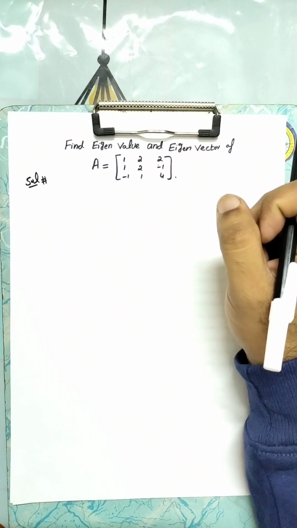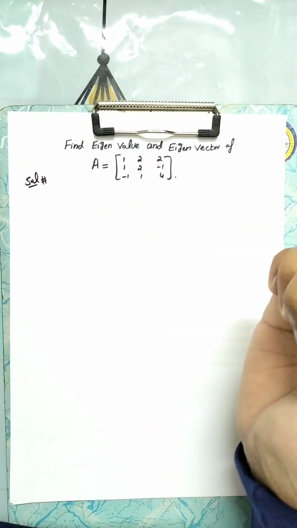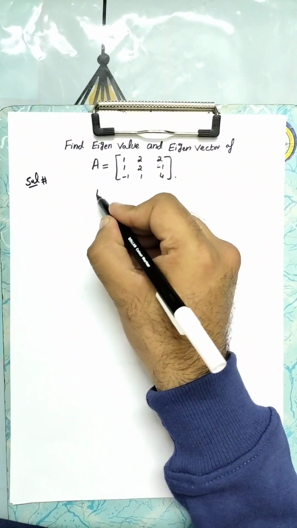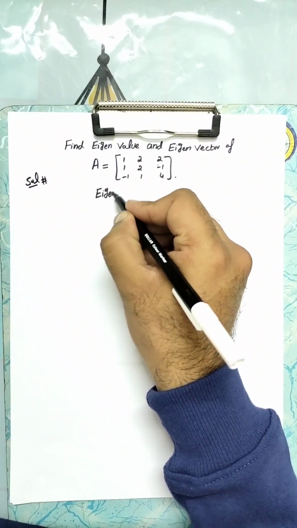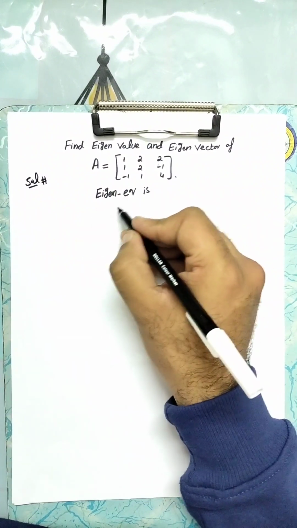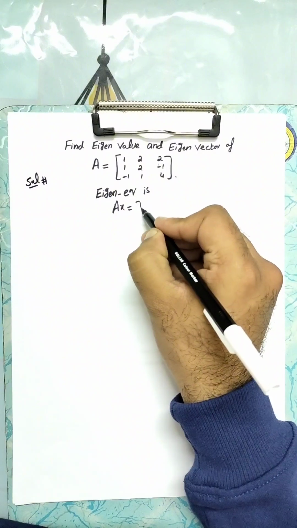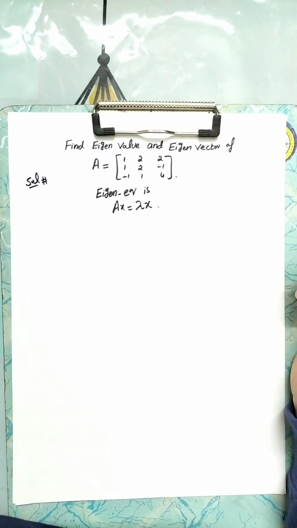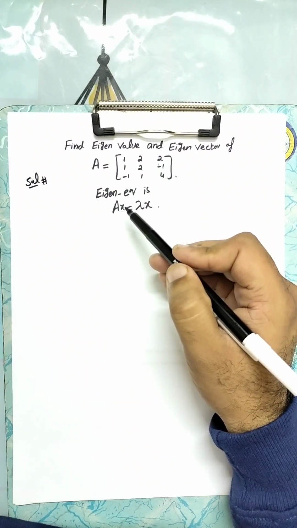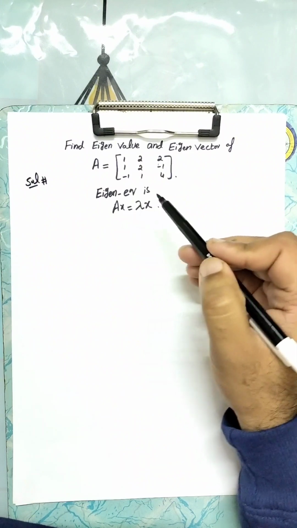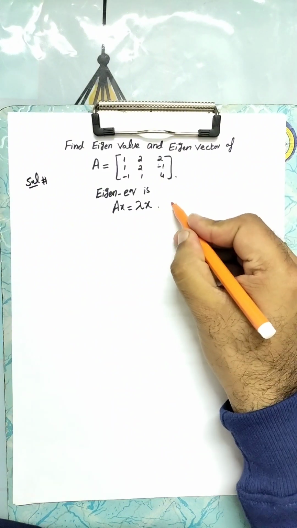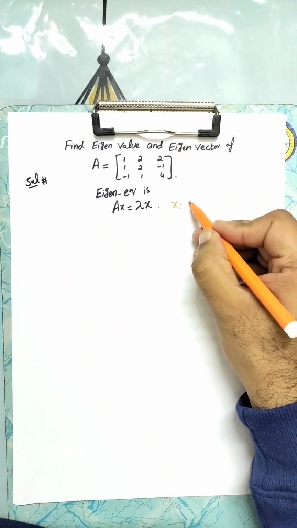So what is an eigenvalue? First we write the eigen equation, and the eigen equation is Ax equals lambda x, where A is our matrix, x is the column matrix or solution vector, and lambda is the eigenvalue.